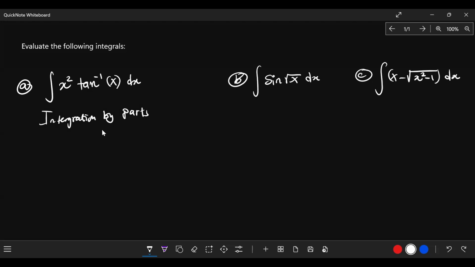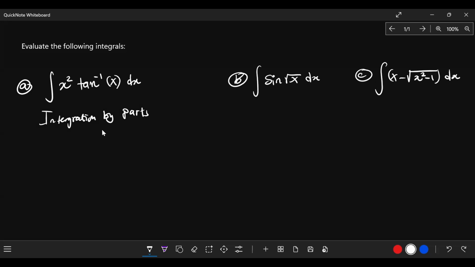Similarly, if you say u equals tan inverse of x, the derivative of tan inverse, which is 1 over x squared plus 1, is not going to cancel out with x squared. So here there is a problem. Substitution cannot work.